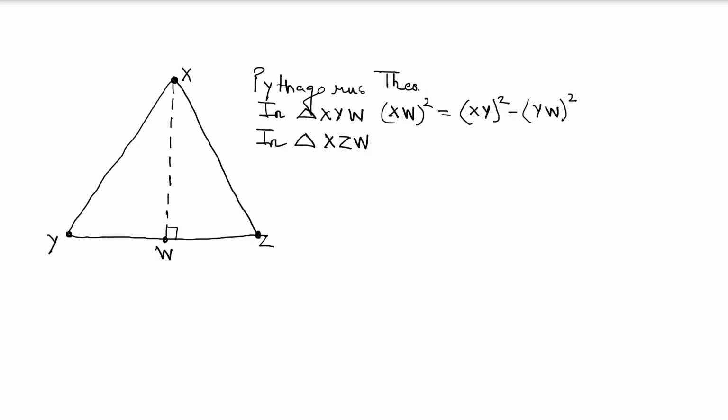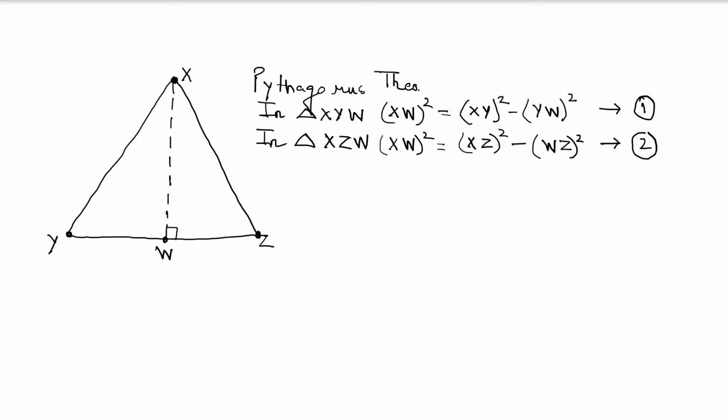Now in this triangle also we will say that XW whole square is nothing but the difference between the square of the hypotenuse and the square of the base. So let's assume that this is equation 1. Similarly, let's assume that this is equation 2.